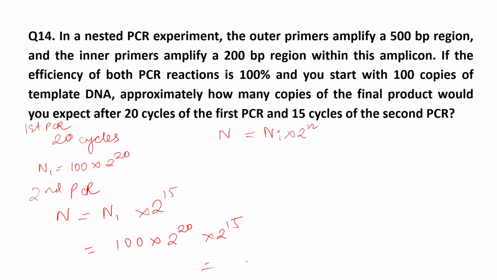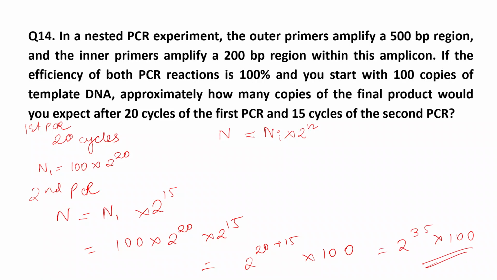You can simplify it more: 2 to the power 20 plus 15, into 100, you can write. Is it okay? Everyone understood? One of you was adding it, but it won't be added here.